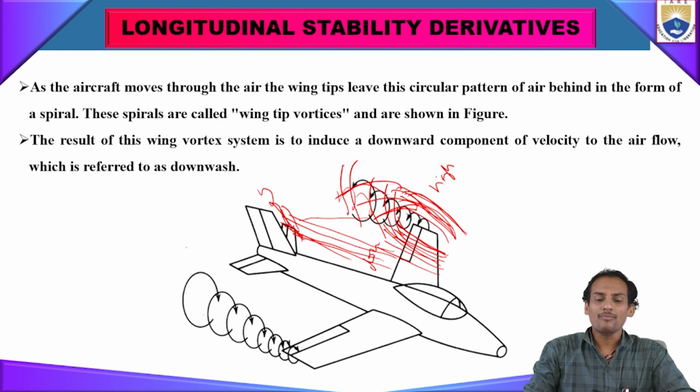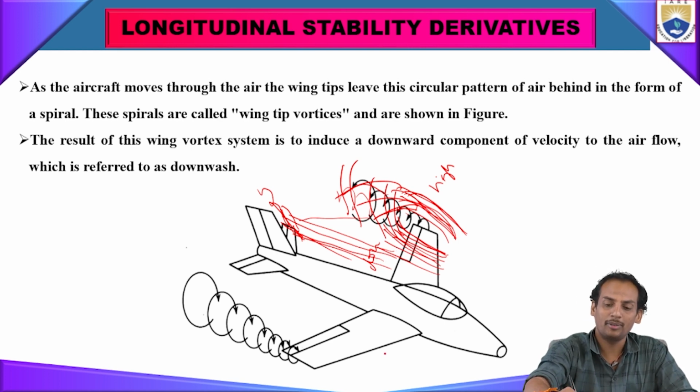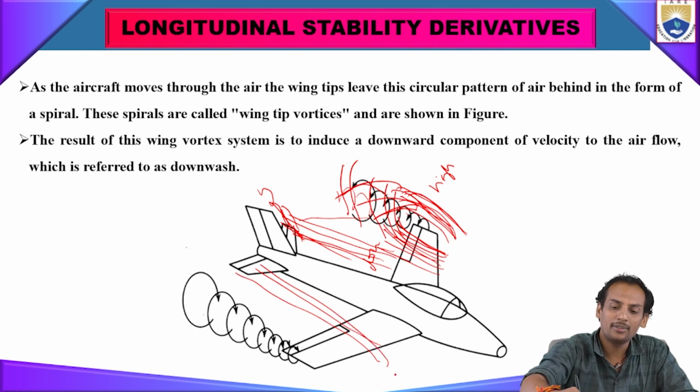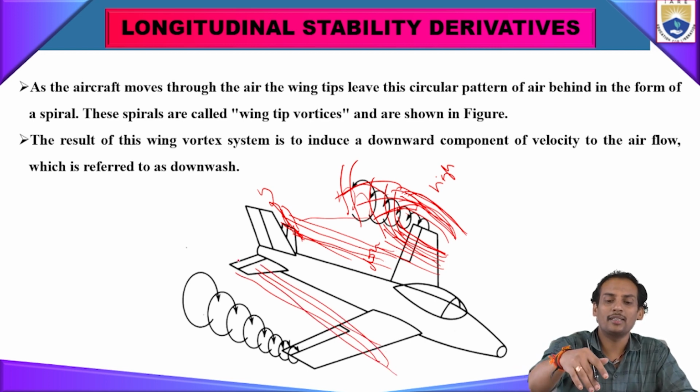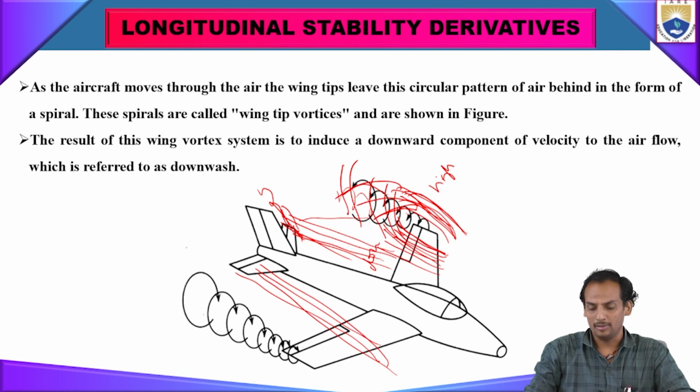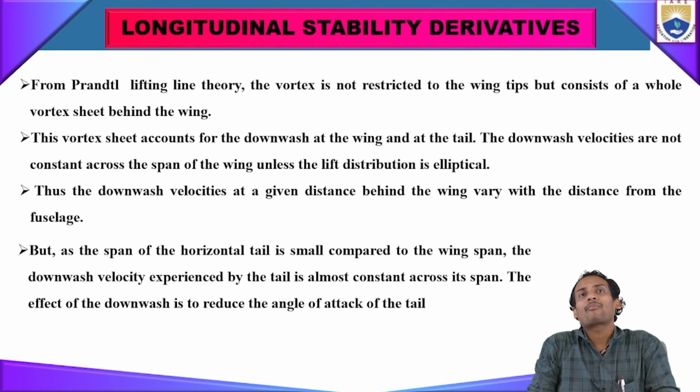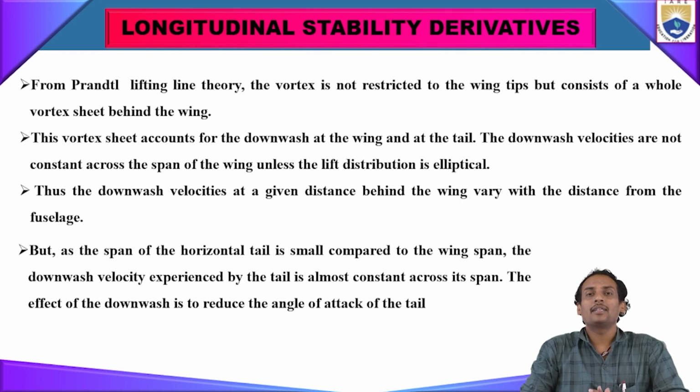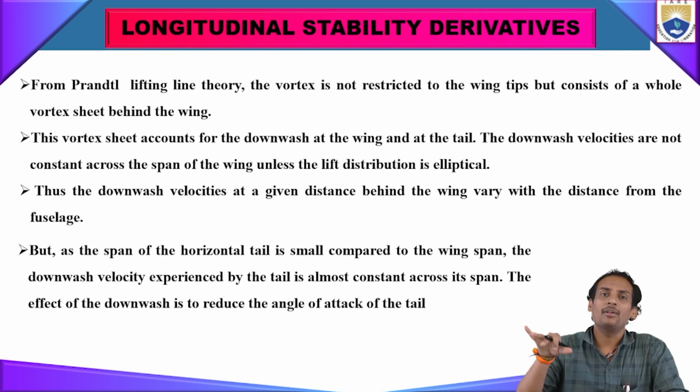It is a symmetrical thing, so it will be on both sides of the wing, and both sides of the airfoil, I mean horizontal stabilizers also. So from the Prandtl lifting line theory, Prandtl has given the lifting line theory of an airfoil wing.